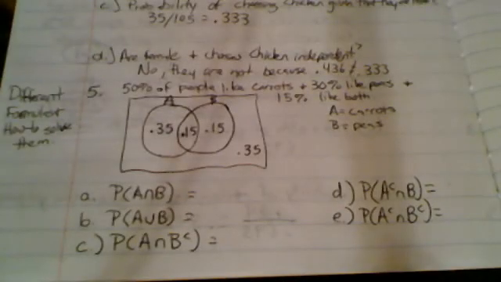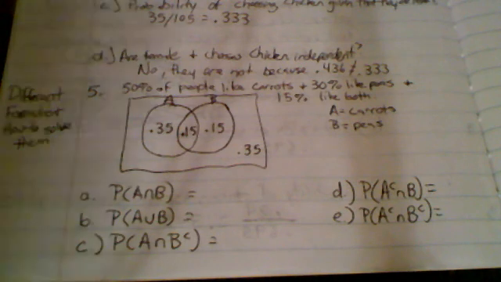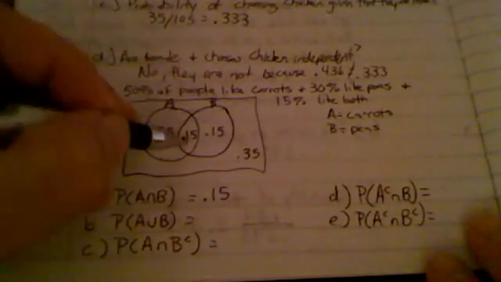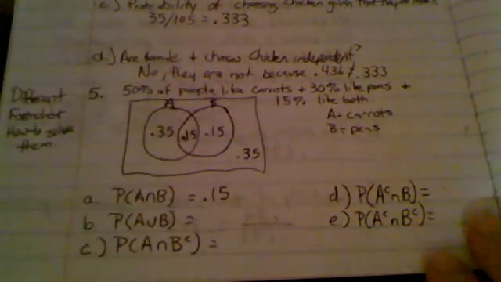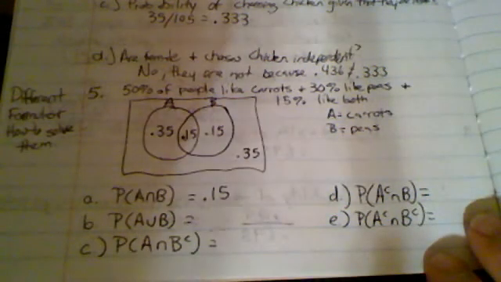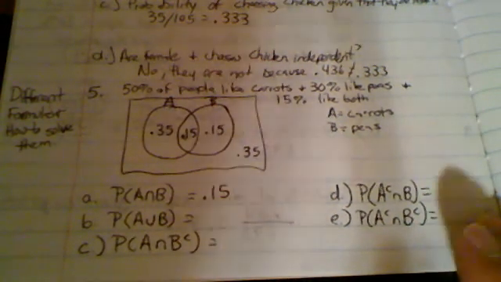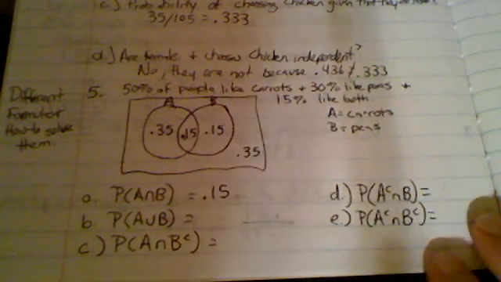Okay, so question A. This is the probability of A and B. Remember, the upside-down U stands for intersection. Intersection is in the middle. So that's 0.15, because that's the part in the middle right here. B says the probability of A or B. So that means one or the other happens. Could they both happen? Sure, but at least one or the other happens.